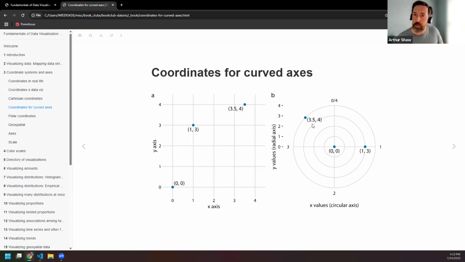And we could have these coordinate systems with curves. So here, this looks a lot like, let's say, an air traffic controller's view of planes in the sky, and we can have a coordinate system there as well.